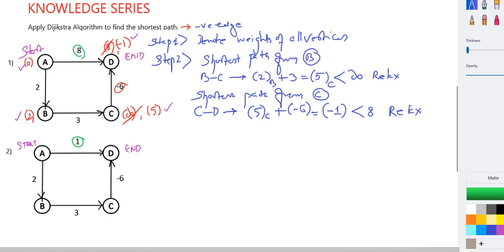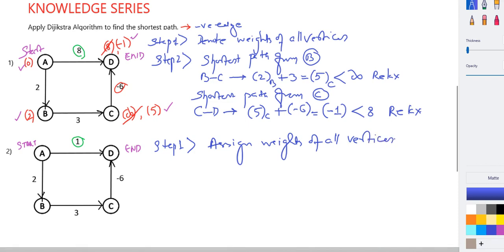So only the figure modification is that this weight has been changed to 1. So let us start. We will follow the same practice as we did in figure 1. Step 1 is to assign weights of all vertices.